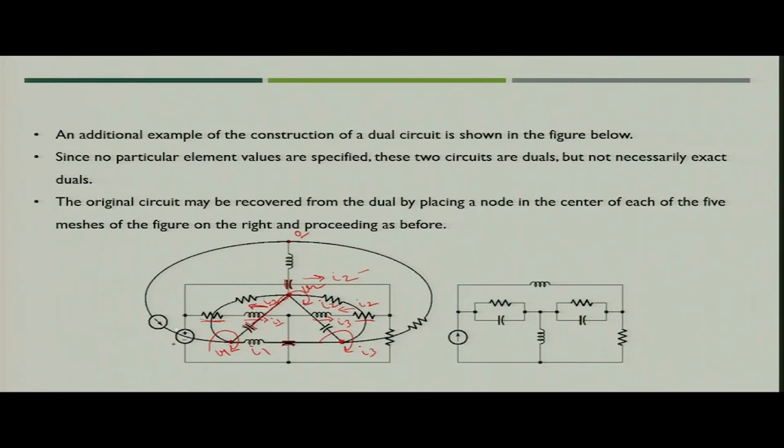Now, we are left with the voltage source. The voltage source is giving positive current to this mesh. So, that means that the dual of this would be a current source which would be coming inside the node.